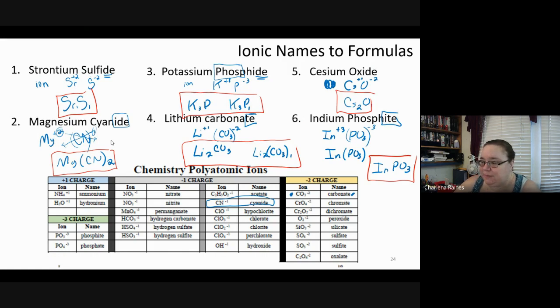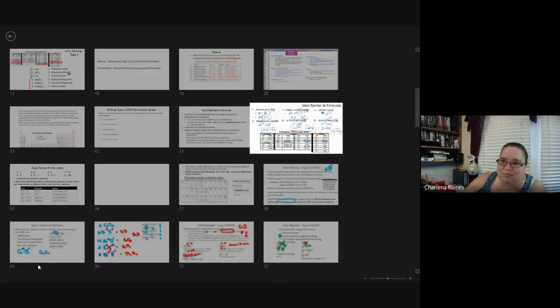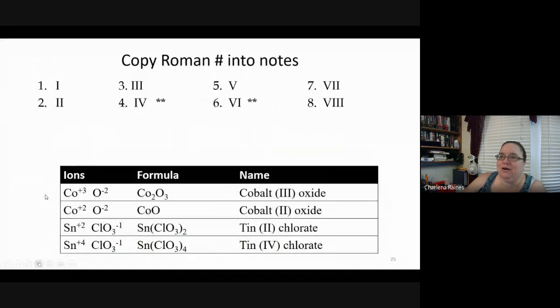Now tomorrow we will actually learn how to deal with our transition metals and our group 14 metals. I don't know if you've noticed, but I have deliberately left the transition metals and the group 14 metals off.